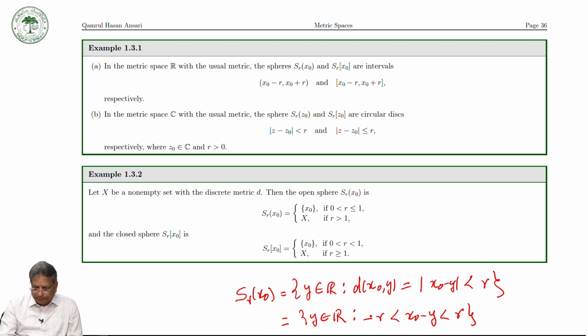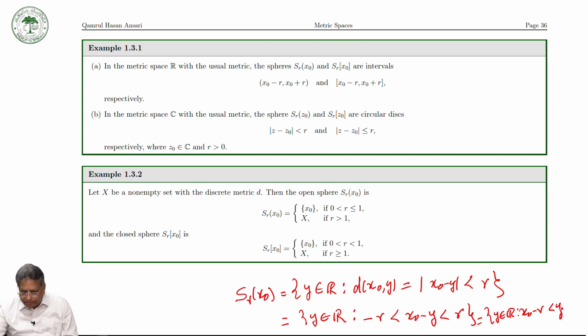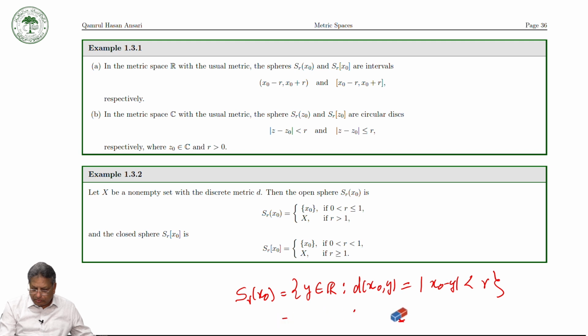We can take minus on the other side and plus here, so this is the set of all points y in R such that -r is less than -x0 + y, which is less than r.